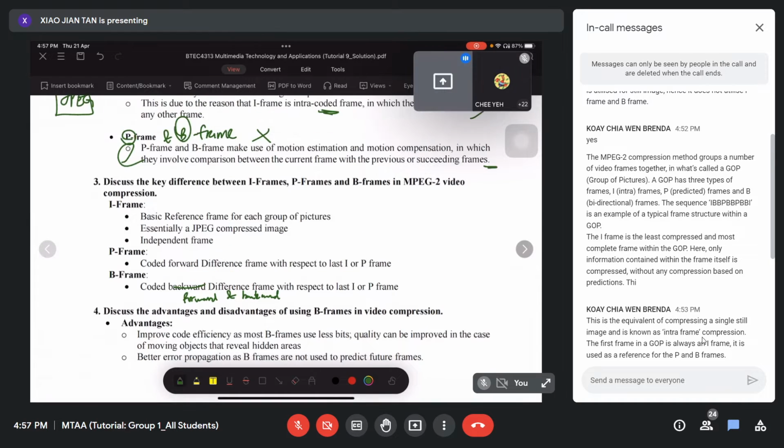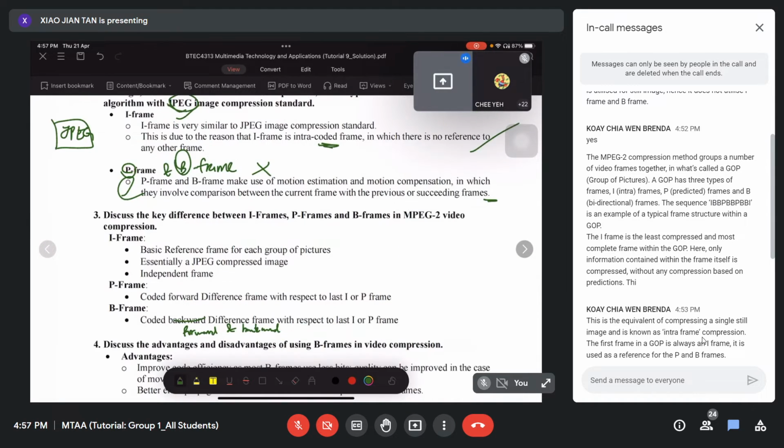Okay, so this one is something I think not in the lecture notes as well. Okay, so anyone, Yao Ting Long, you there? No. Lok Jing Lao.